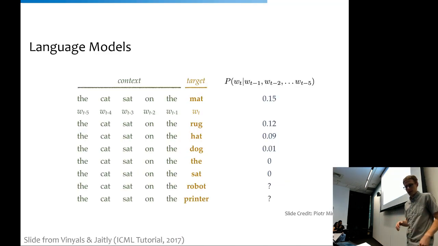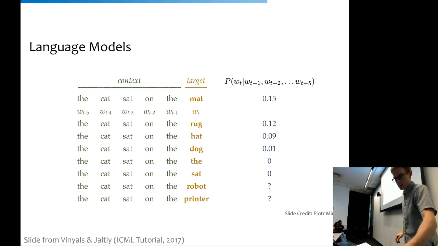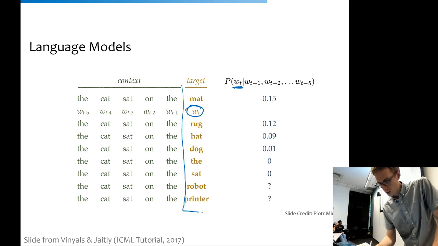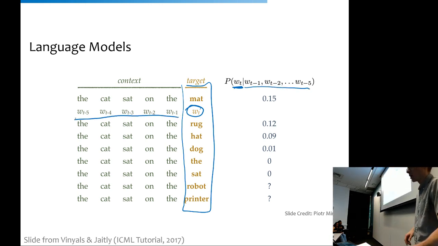Okay, so now we can look at this little example where what we're seeing here is a bunch of different conditional probabilities from a language model. So what this language model is giving us is the probability of some target word, W_T, given all of the words that came before it, in a 5-word window context.